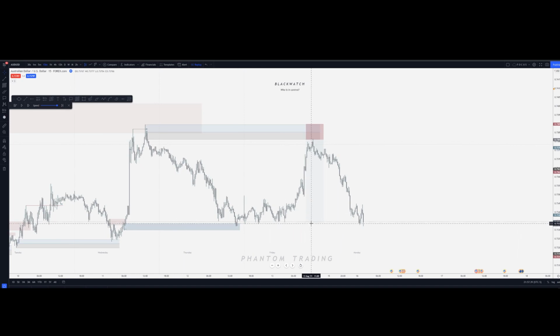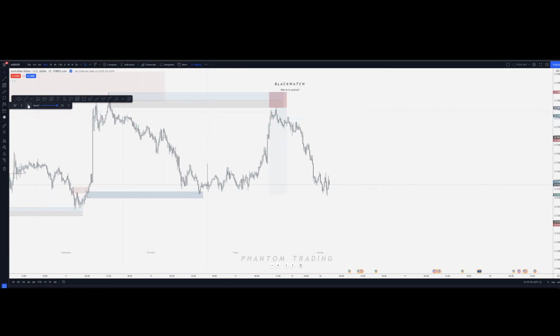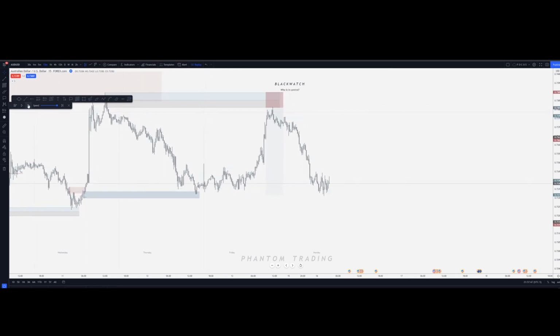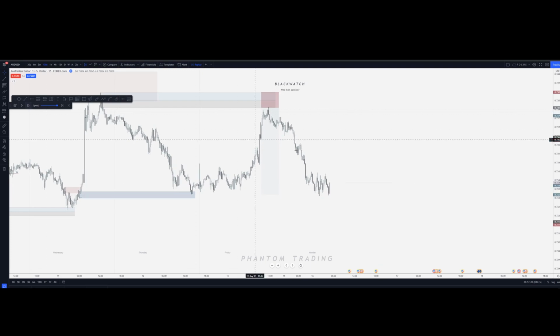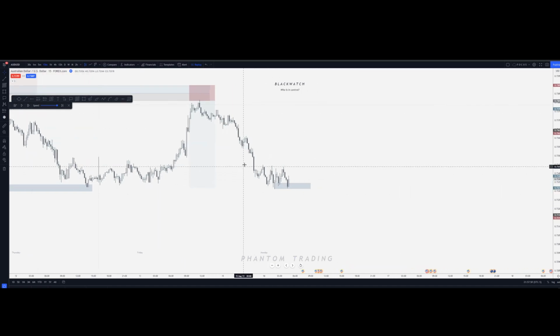Alright, so there's that low there. Now price is holding this demand zone. Alright, supply is in control. So I kind of want to see what's going on.